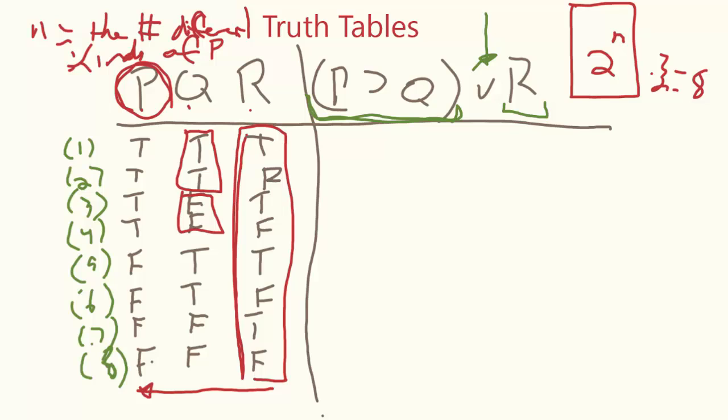It gives us the most general characteristic of what this sentence is. So most generally speaking, this proposition is a disjunction, and its left disjunct is a compound sentence that is a material conditional, and its right disjunct is a simple proposition R. So in order to know the truth value of the disjunction, we're going to need to know the truth value of R for each of the possible situations.